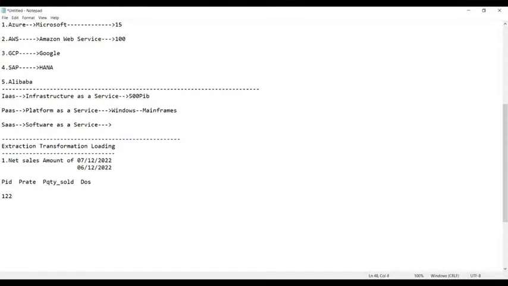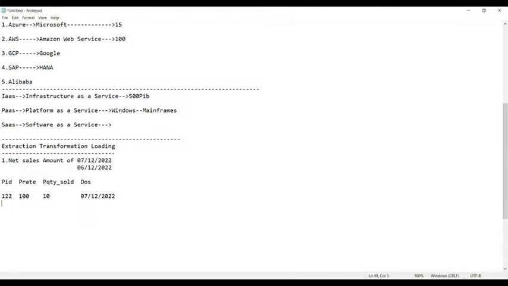The first line: product ID is 122, product rate is 100 rupees, product quantity sold is 10, and the date of sale is 07/12/2022.